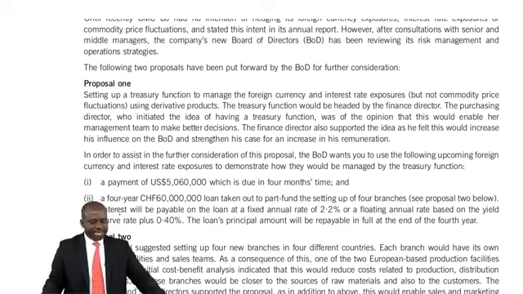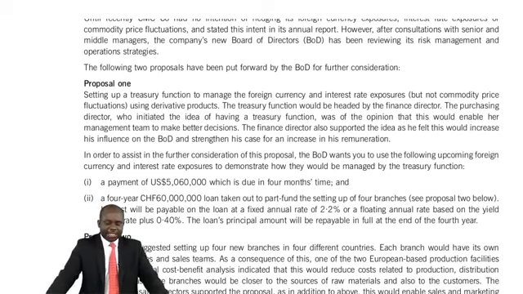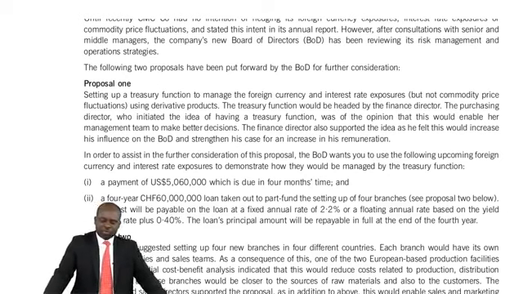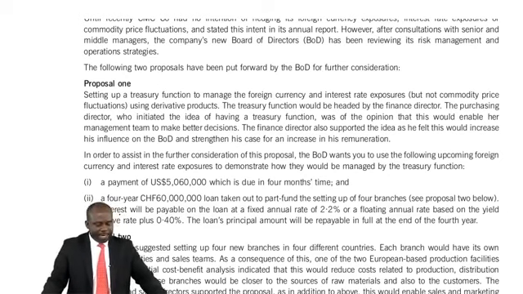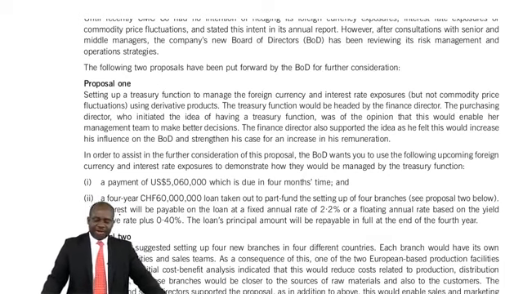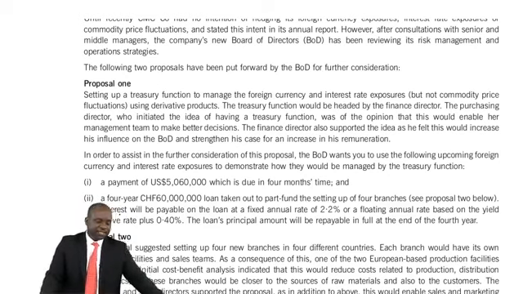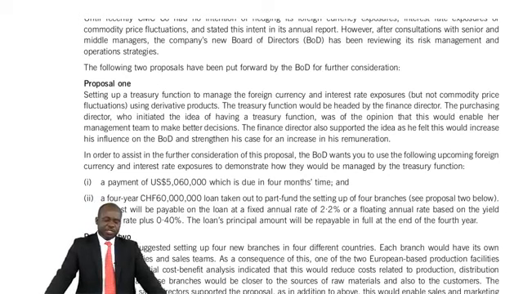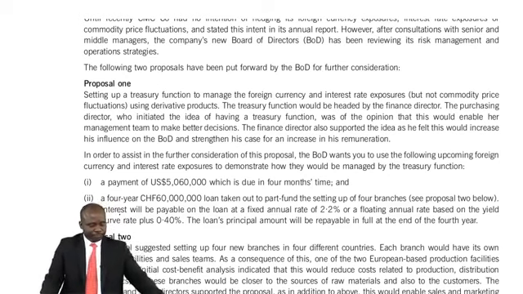The purchasing director, who initiated the idea of having a treasury function, was of the opinion that this will enable her management team to make better decisions. The finance director also supported the idea as he felt this would increase his influence on the board and strengthen his case for an increase in his remuneration.